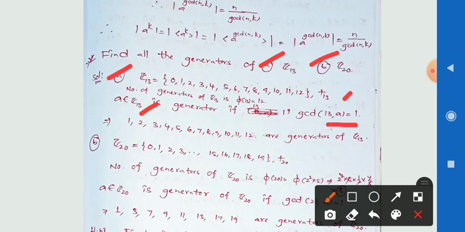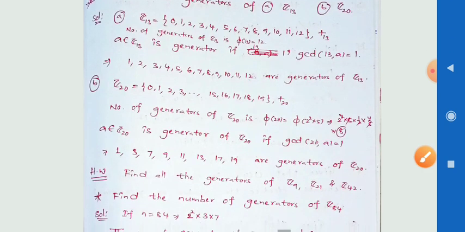If A is any element in Z13 and the GCD of 13 comma A is equal to 1, then we can say that A is a generator. So the elements 1, 2, 3, 4, 5, 6, 7, 8, 9, 10, 11, 12 are the generators of Z13.